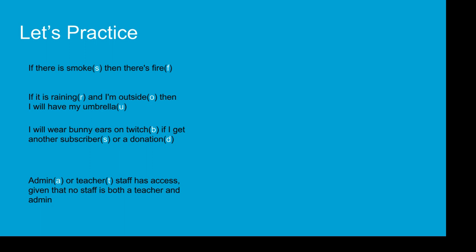That if S is true, then F must be true. S implies F, right? So the implication looks like that. If we were using those symbols, S implies F. And in English, or if we wrote an if statement, we'd say if smoke, then fire.